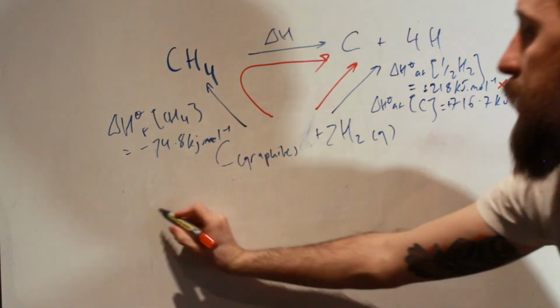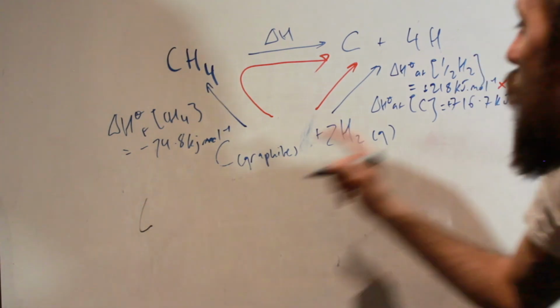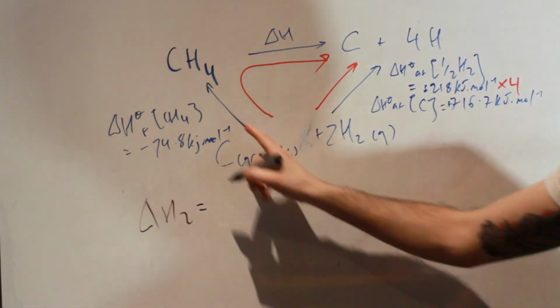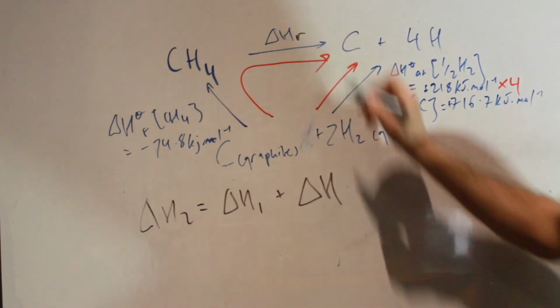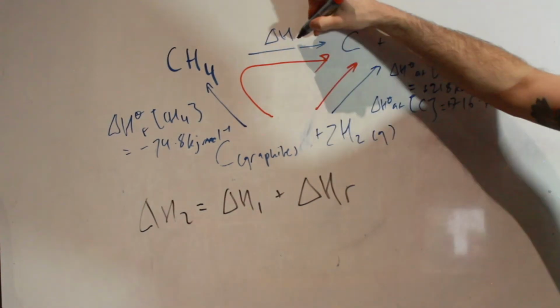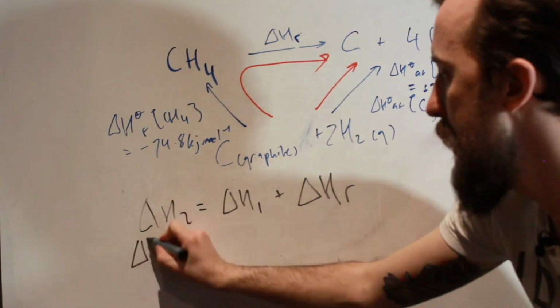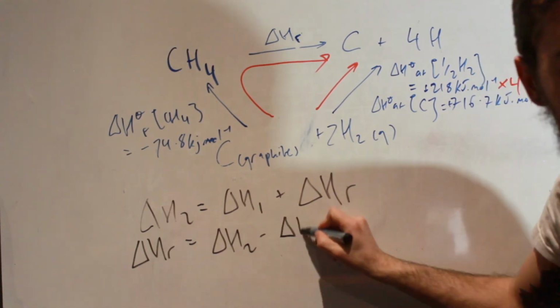Oh no, actually our direct route is delta H2, isn't it? So delta H2 is equal to delta H1 plus my delta HR. So I'm going to rearrange that to get the delta HR. Delta HR is equal to delta H2 minus delta H1.